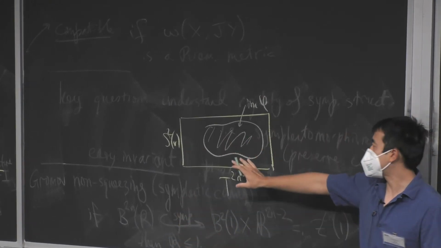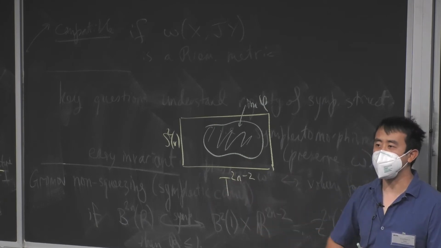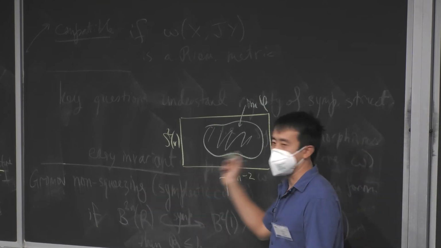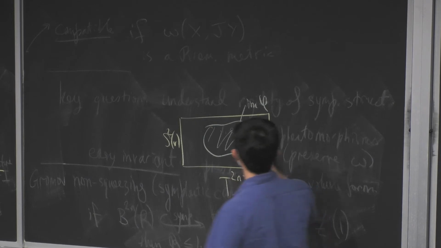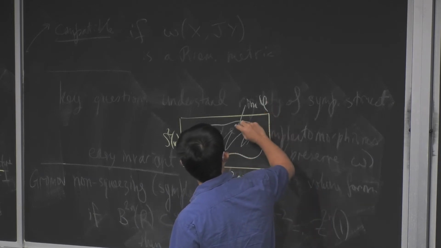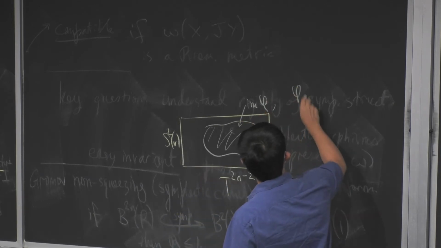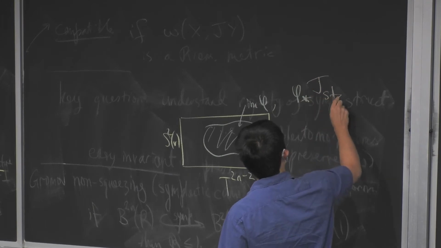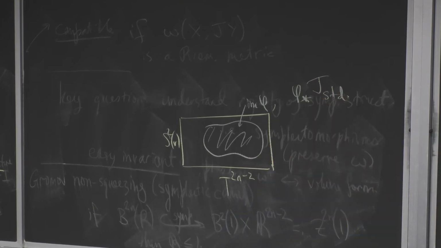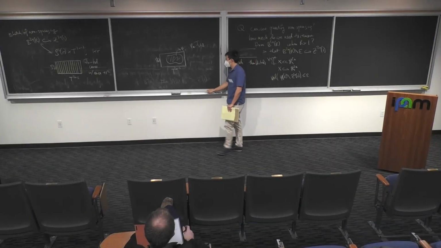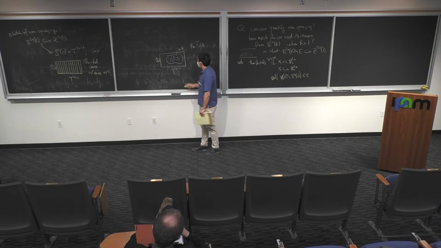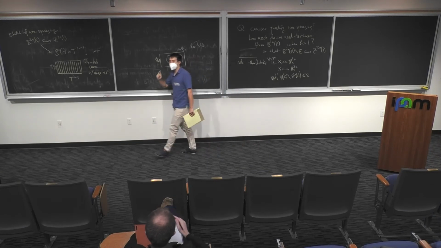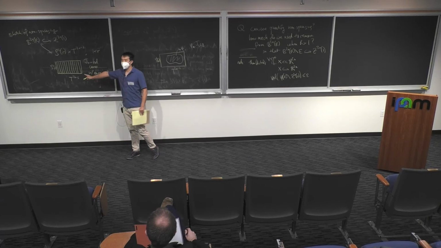So I have a complex structure on this guy just by identifying the ball with its image. So here I have the push forward of the standard structure, and I can interpolate the structure with this one outside of the image.